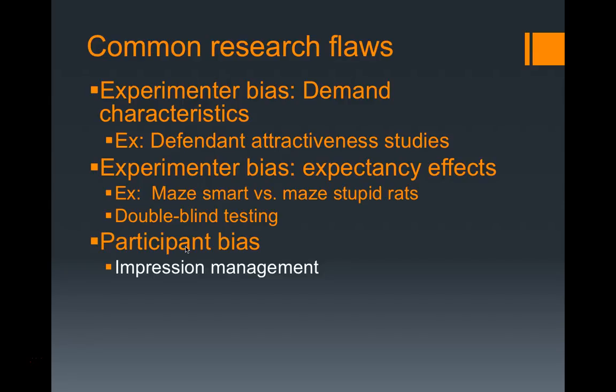And our best foot forward might be based on what we think the experiment is about, what we think is being tested, and so the participants in the study may in fact make efforts to manage their impression, so not giving natural responses, but instead responding in a way that they think communicates the best impression of them.